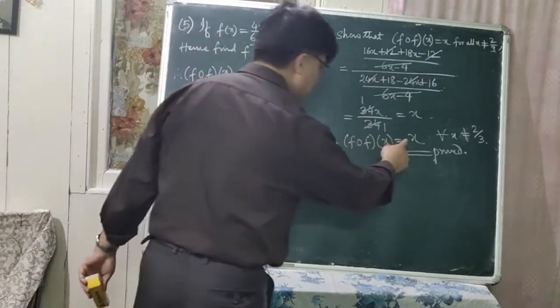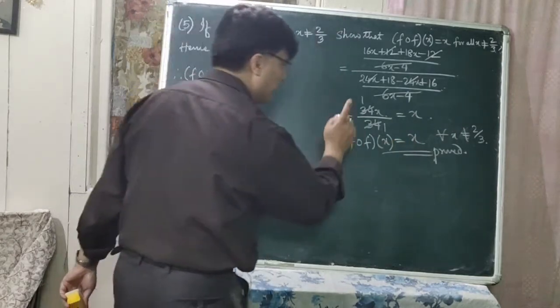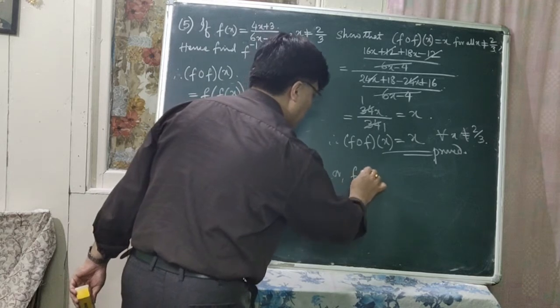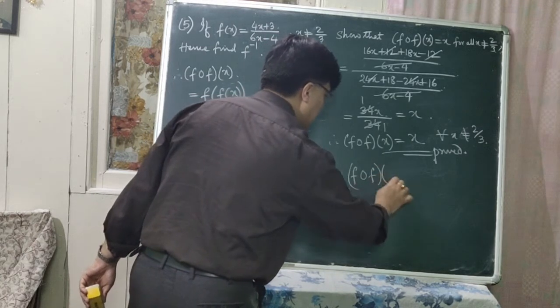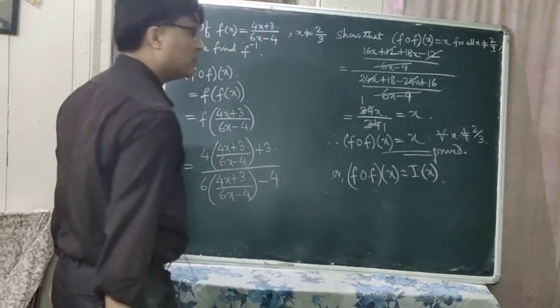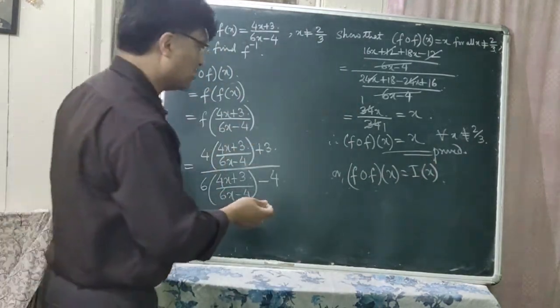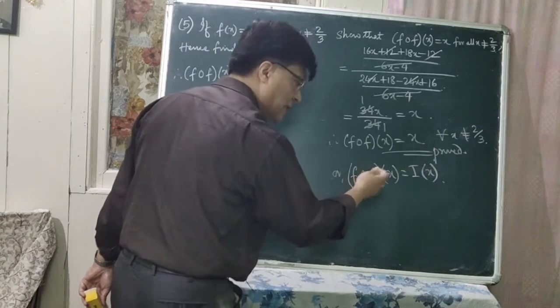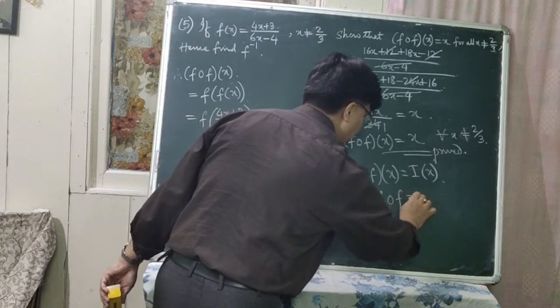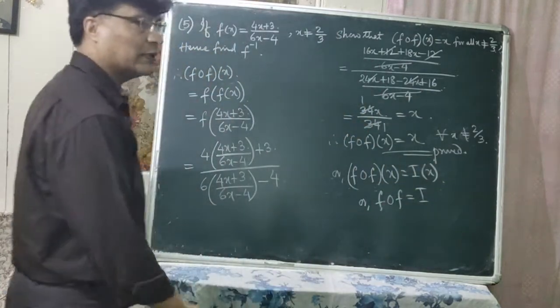So you know that this x can be written in terms of identity function, or f(f(x)) is equal to I(x), that is identity function. So from both the sides it is just like cancelling x. So what do we get? fof is equal to I, right?